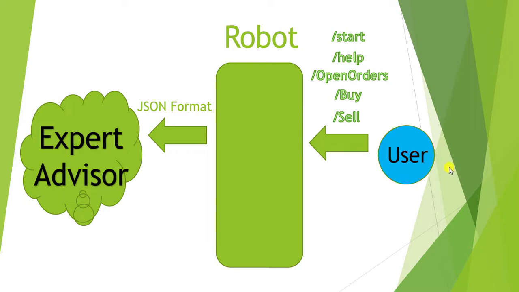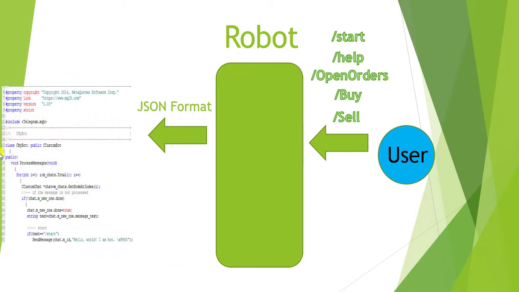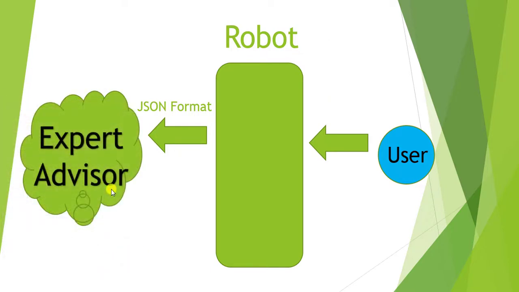For example, some data is related to these commands, and then the expert advisor, which has some code in it, decides based on the commands and what we have programmed for it, and sends its feedback to the robot, and the robot sends it back to the user. And this user can be several users, not one user.